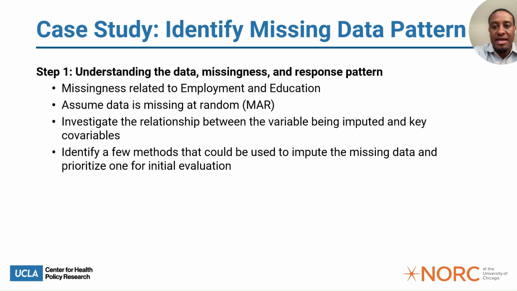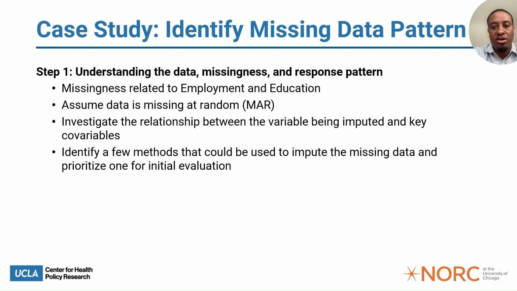The first step in any imputation task is to understand the data, the nature of the missingness, and the response pattern. Normally, this would involve a thorough exploratory analysis to test whether the data is missing completely at random, missing at random, or missing not at random. However, given the scope of this presentation, we will proceed by making the following assumption.